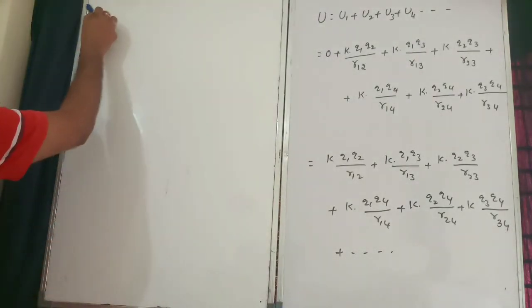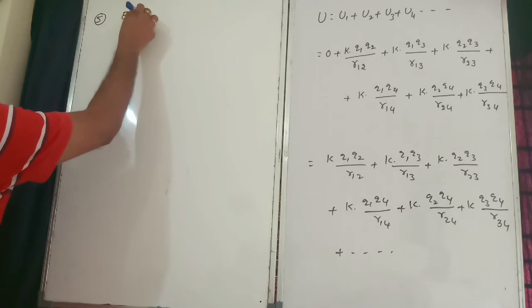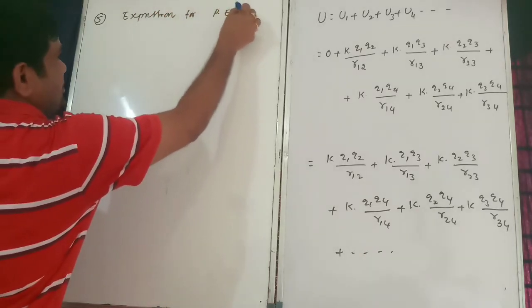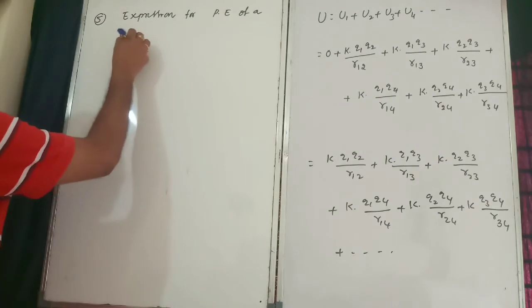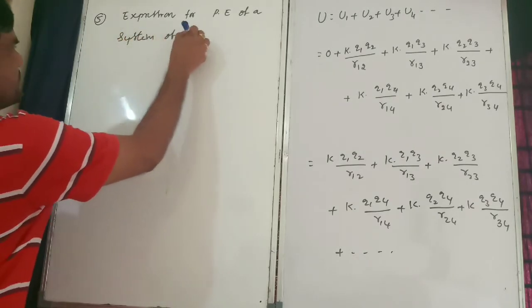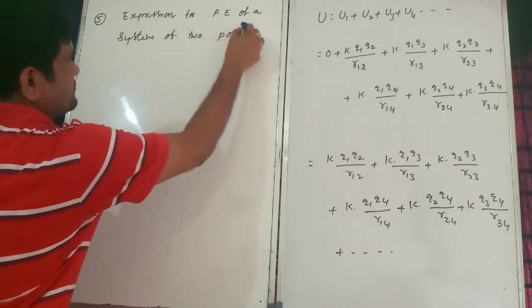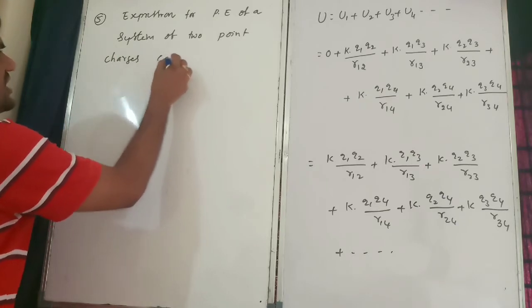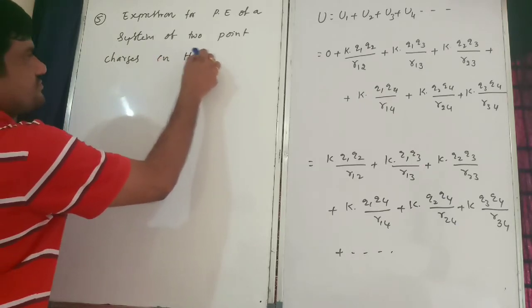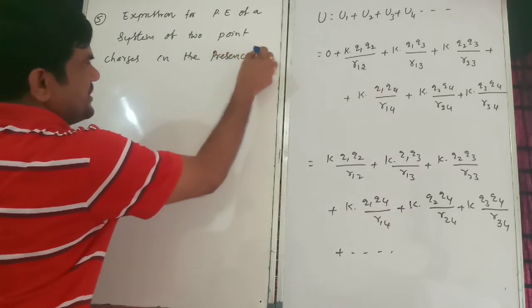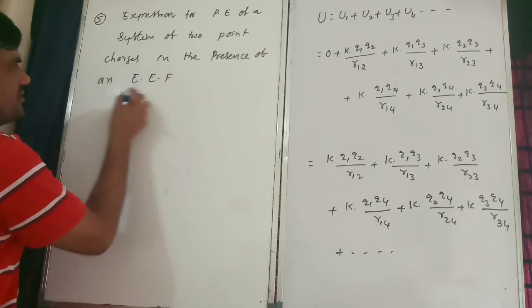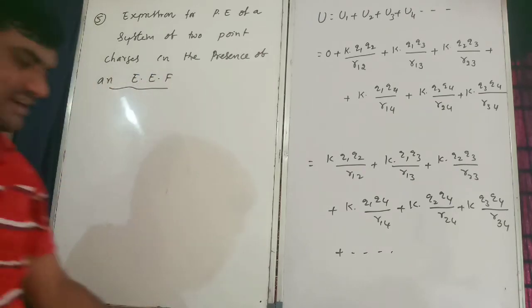So now the 50th question. Derive the expression for the potential energy of a system of two point charges in the presence of an external electric field.